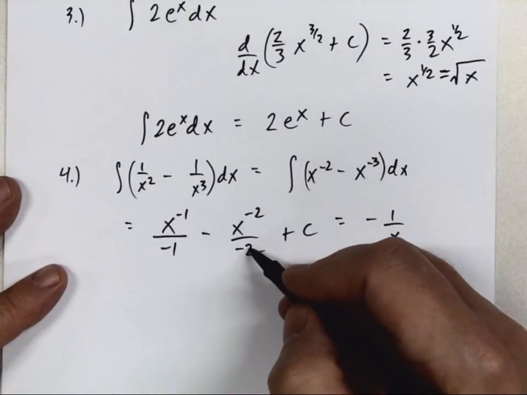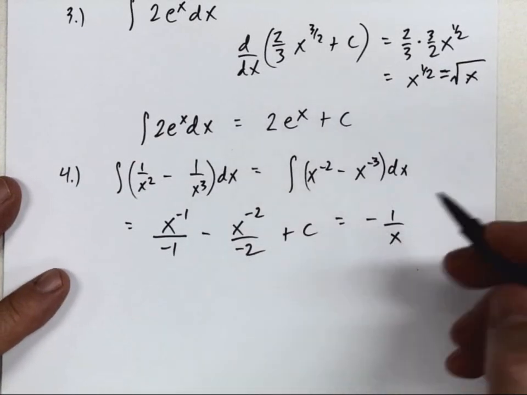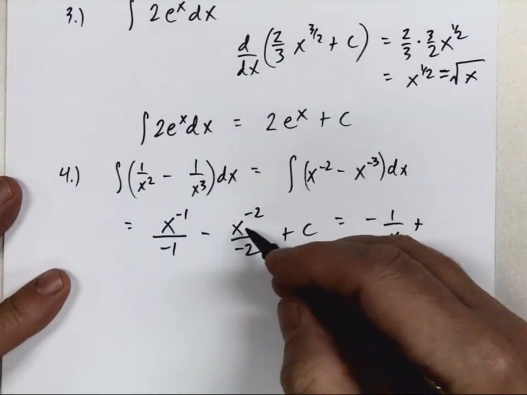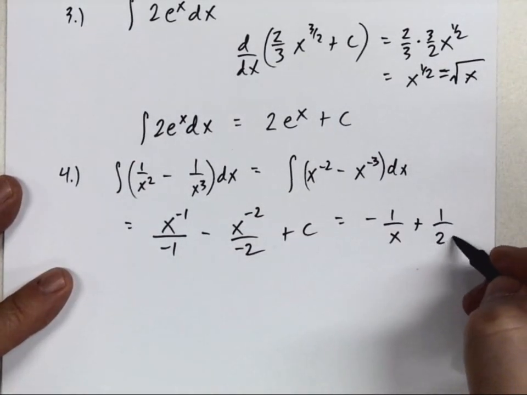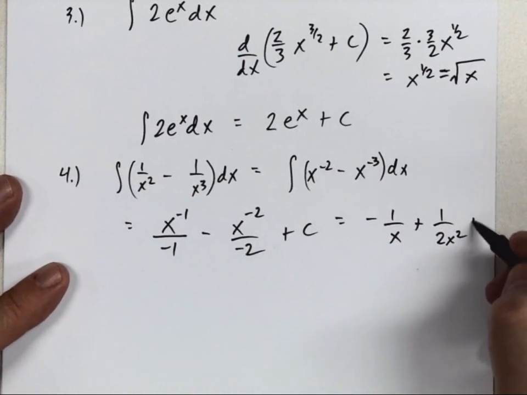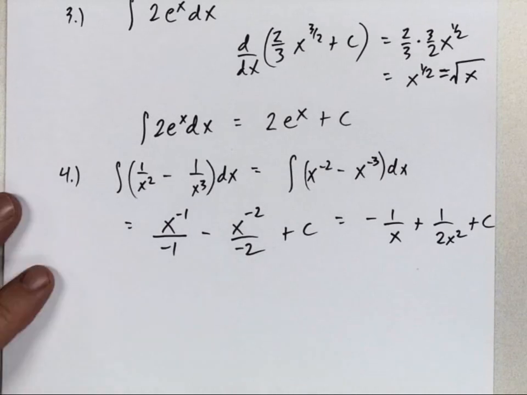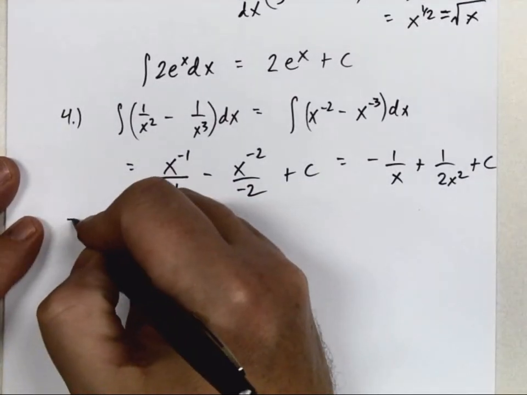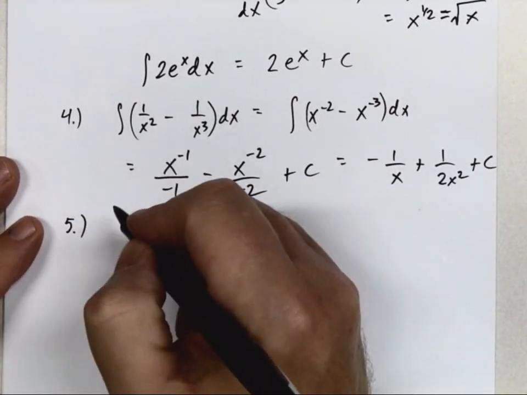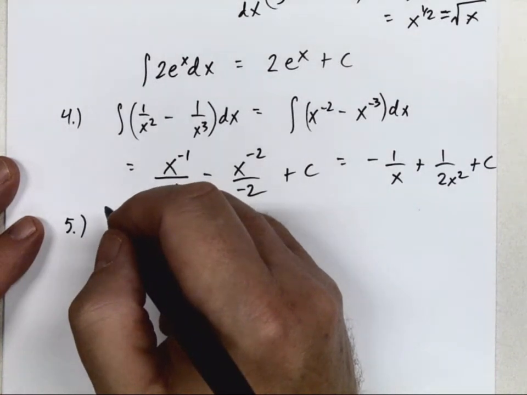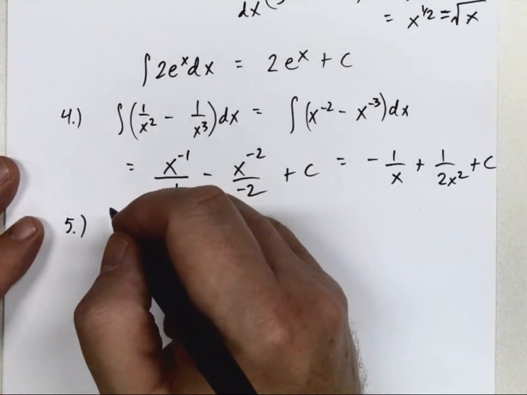Now you notice this negative 2 here, and when you subtract, those cancel, so this becomes plus. And that's what you should see in the answer key. So far, power rule.